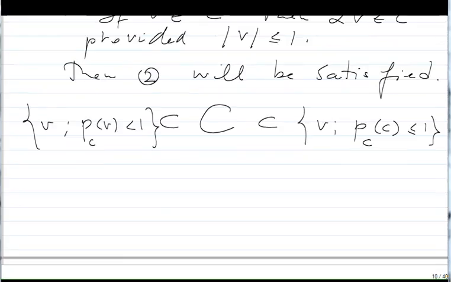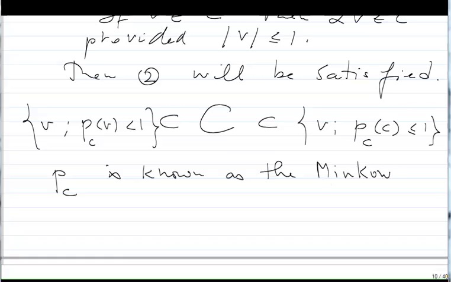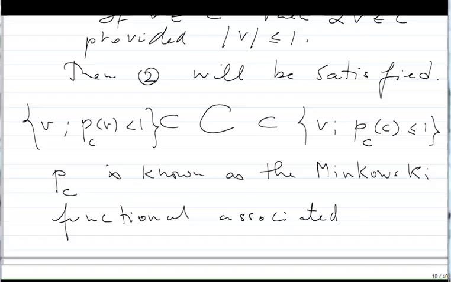The function p_C is known as the Minkowski functional associated to C. So whenever we take a convex set which is balanced and has this kind of symmetry property, automatically through the Minkowski functional we generate a seminorm.